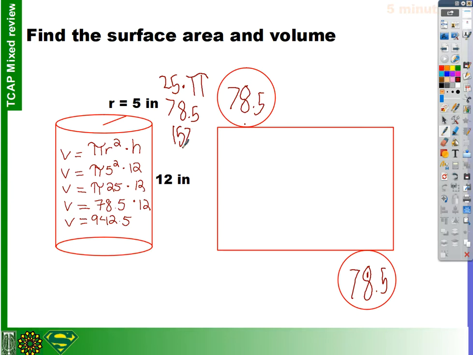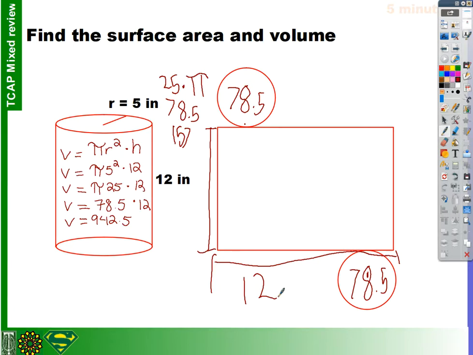But then you need to find this length to multiply base times height, and we know the base is 12. So this is 12, and we need to find this, and we can do that by finding the circumference of the circle.